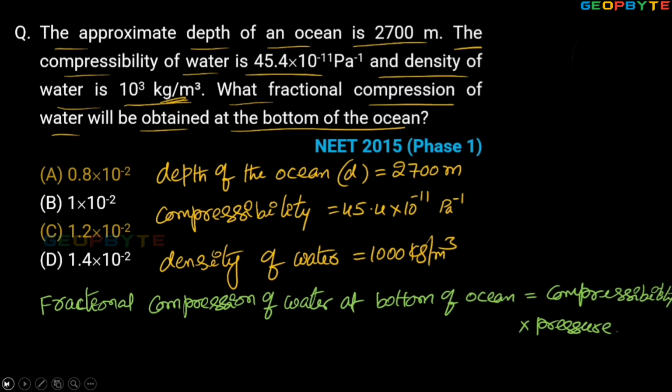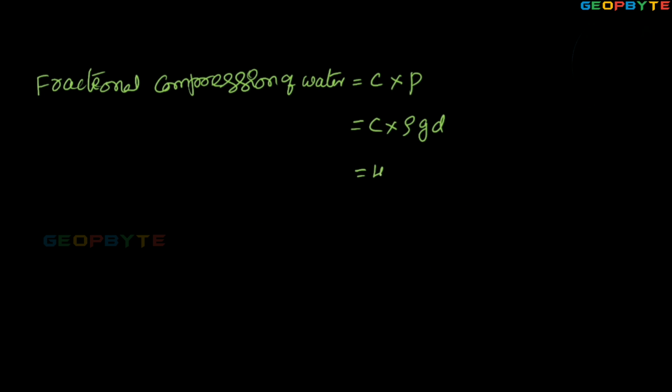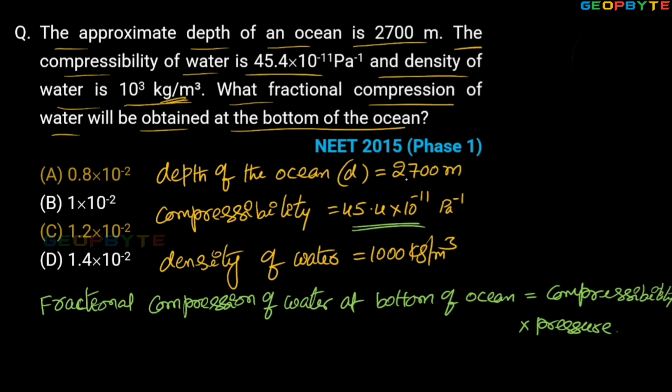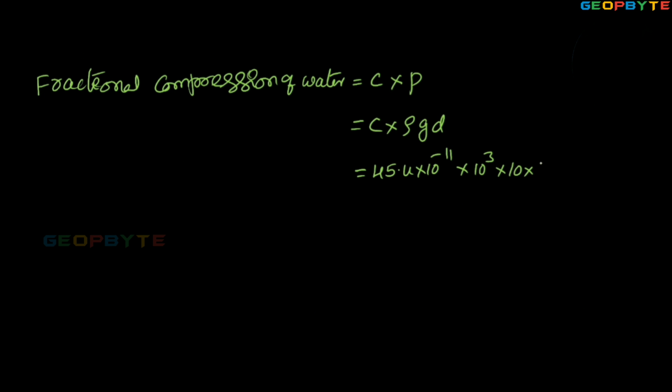Look at the compressibility given: 45.4 into 10 power minus 11, into density 10 power 3, into g 10, into D value given, 2700. It is equal to 45.4 into 10 power minus 11 into 27 into 10 power 6.